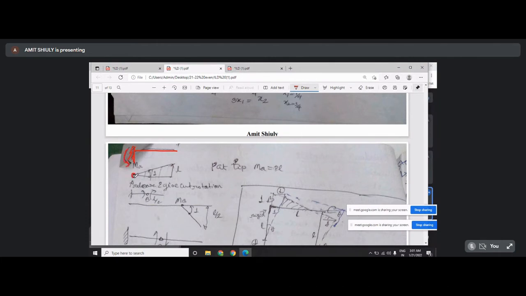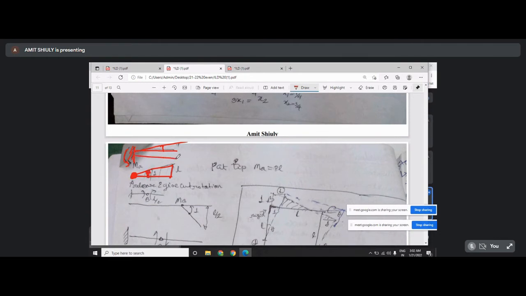So you incorporate a hinge. For the ILD of moment at A, MA, you have to give a unit rotation here. If you give a unit rotation, this is your deflected shape, and this is actually the ILD of MA. Naturally this is unit 1.